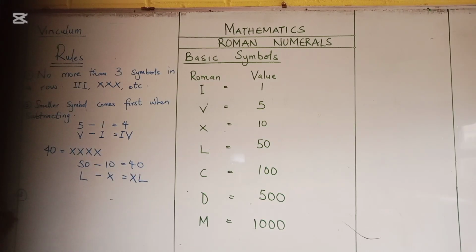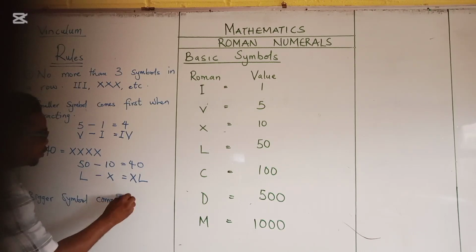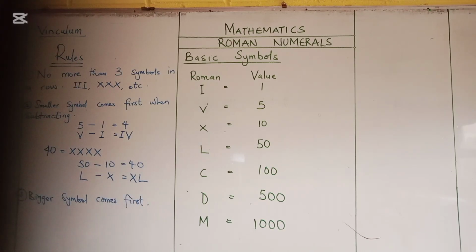Then number 3: addition. A bigger symbol comes first when we are adding.